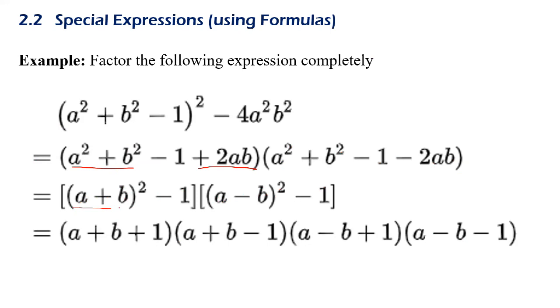And then we can use the formula again. This is the difference between two squared terms, right? So this can be factored to a plus b plus 1 times a plus b minus 1, and then a minus b plus 1 times a minus b minus 1.